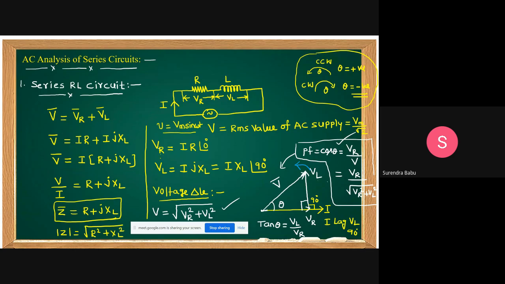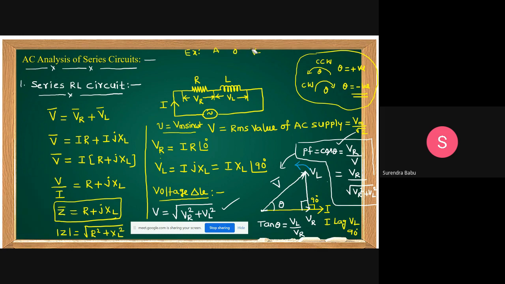Sometimes values are given as peak to peak, for example, 20 volts peak to peak.